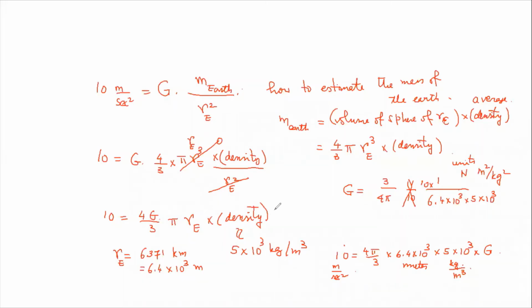So plugging all these values in, what I get is G equal to 7.7 times 10 to the power minus 11. And again, let's make sure you get the unit right.